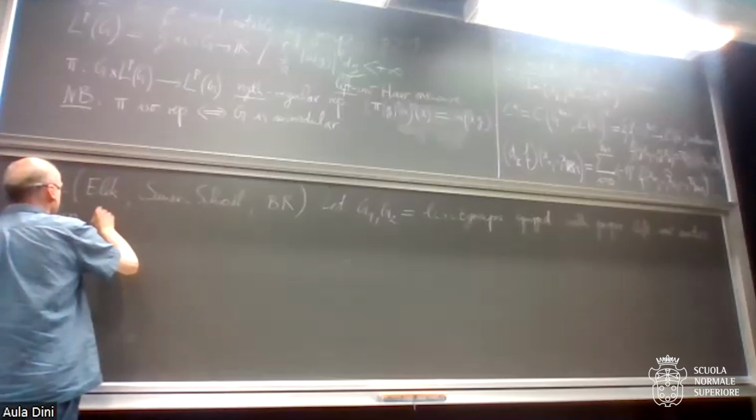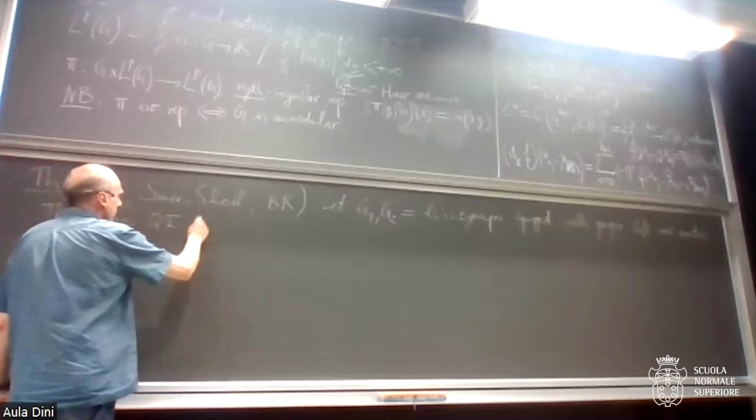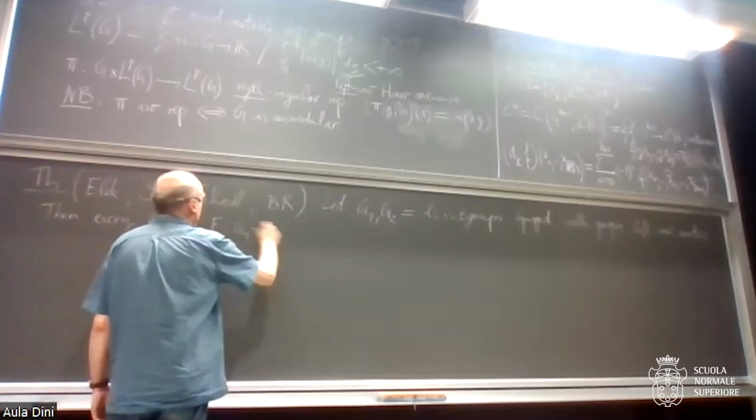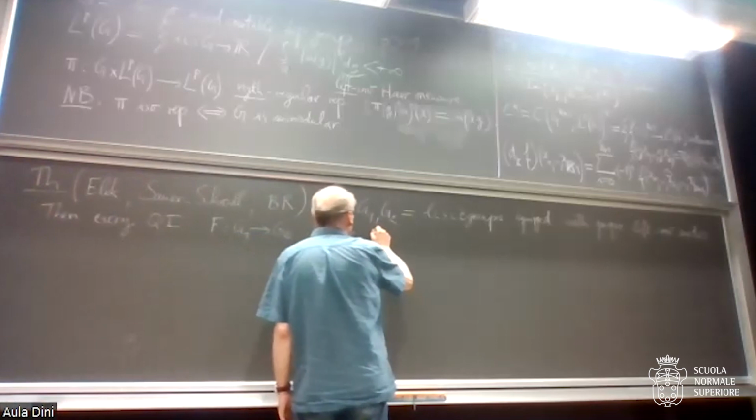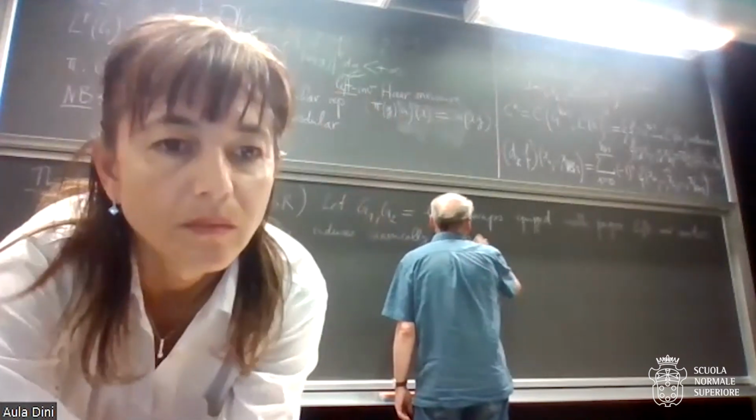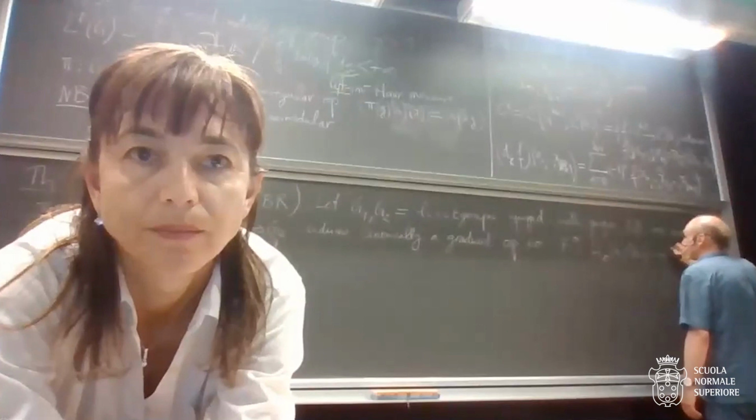Then every quasi-isometry f from G1 to G2 induces canonically a graded topological isomorphism from the continuous cohomology of the second one to the continuous cohomology of the first one.